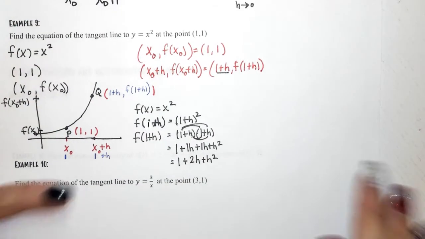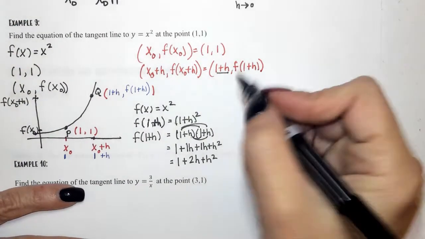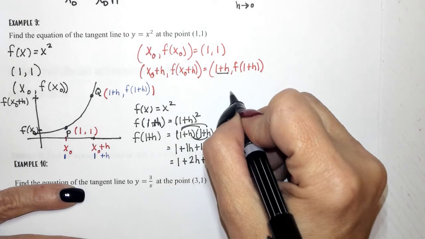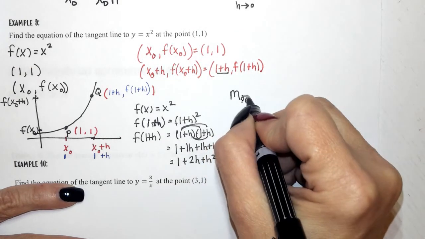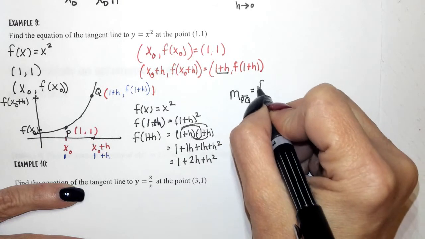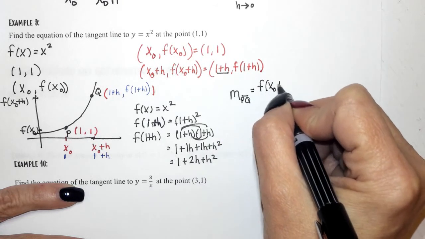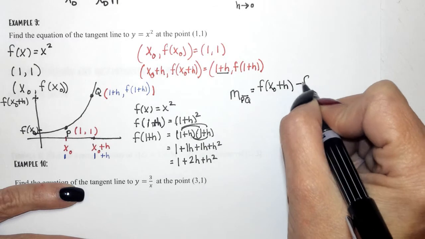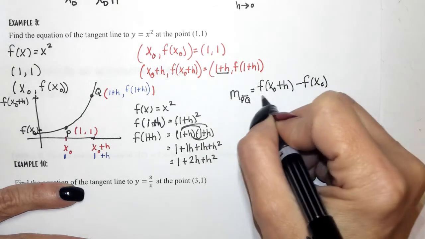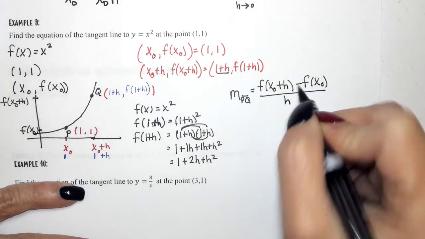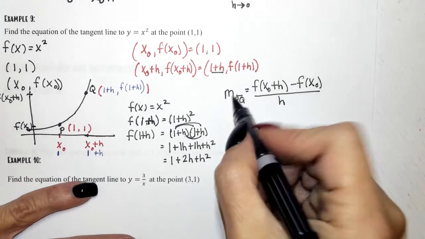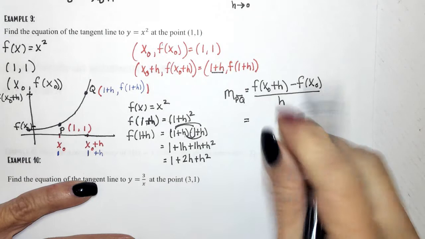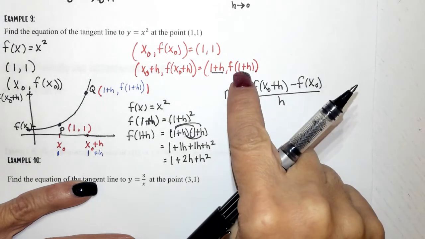Okay, so here's what we know. From up above, we're going to say that the slope of PQ equals f of x naught plus h minus f of x naught all over h. Okay, we already know this right here. So f of x naught plus h, that's this one right here.